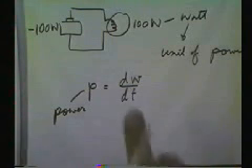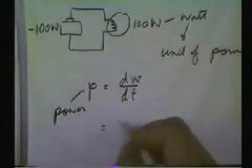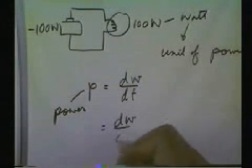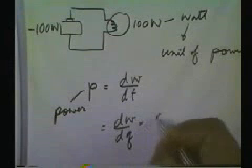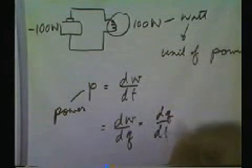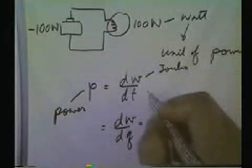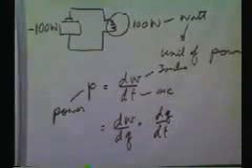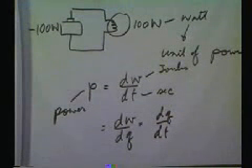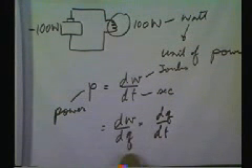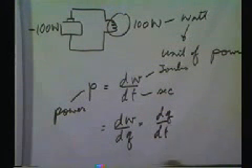From dW by dt, if I change it to dW by dq multiplied by dq by dt, this will be the energy in joule, and this is per second. So the power actually is joule per second.